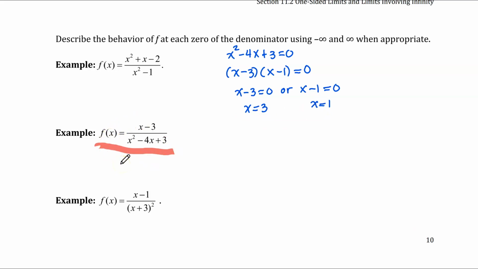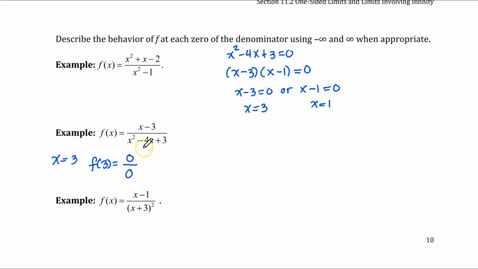So let's consider plugging in x equals 3 to the function. Our function will become 0 over 0, because x minus 3 is a zero in the denominator.